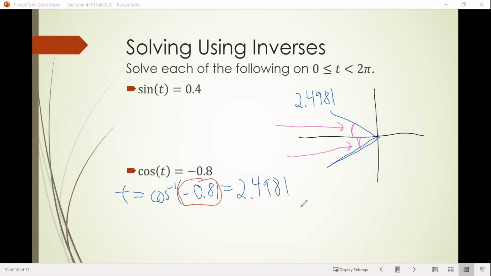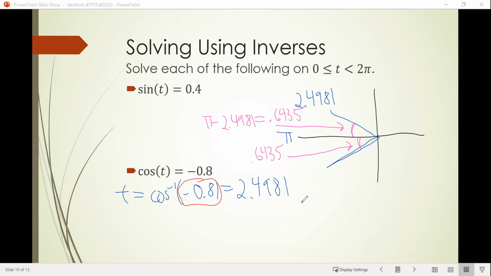So once we find this reference angle, we'll know the one for here, and that can help us find our second angle. Now, because we're in the second quadrant, our reference angle is going to be the angle that 2.4981 makes with pi. And the way we find that is by doing pi minus 2.4981 to find the difference there. So when we do that, I end up with 0.6435. So that'll be our reference angle down below.